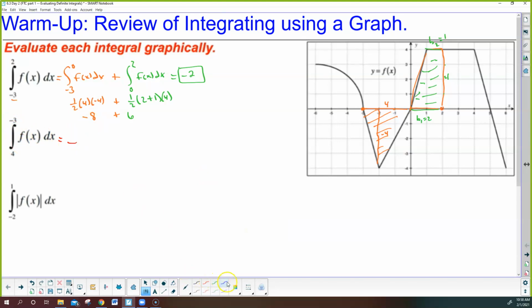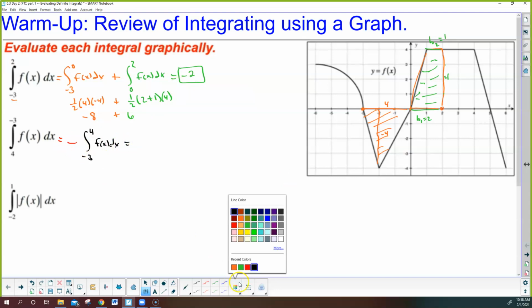So what I'm going to do is I'm going to evaluate this in the proper way from -3 to 4 of f of x dx, and the reason why is I have part of that information from the first part, but notice I made it negative. So it's just going to be the opposite sign of what we think. And then officially, if I go from -3 all the way to 4, I'm not going to set this up with rules and split it up.